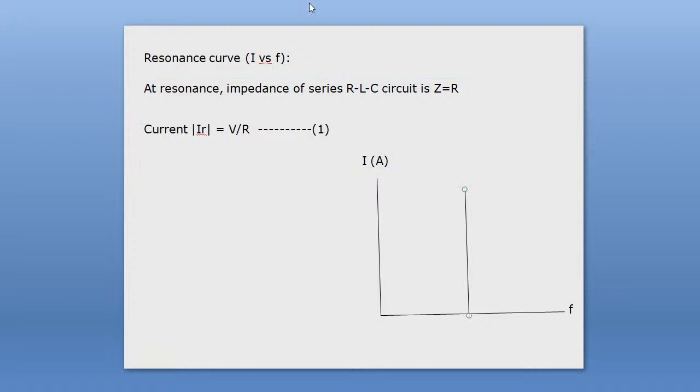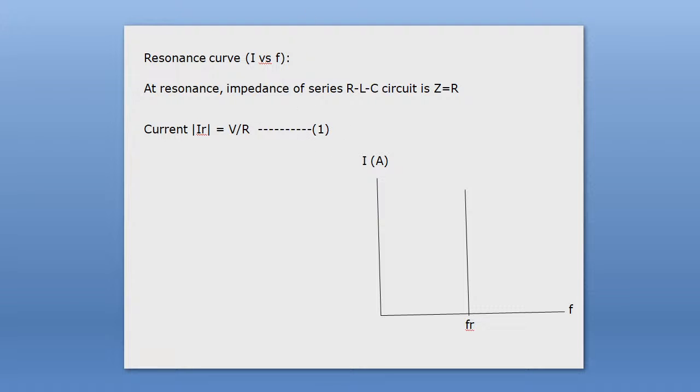This point indicates the resonant frequency, f_R. We have derived the expression of f_R in the last class. And you see, at resonance the current I_R becomes maximum, that is V by R.